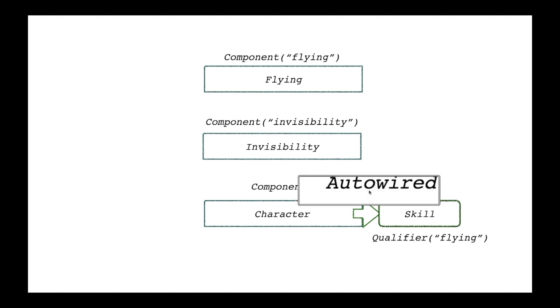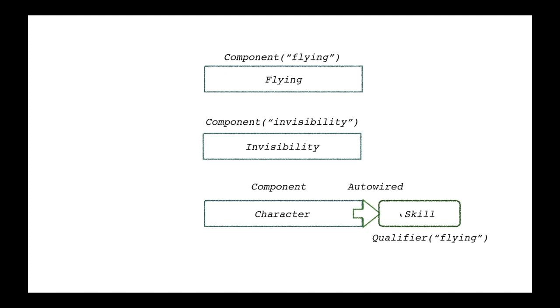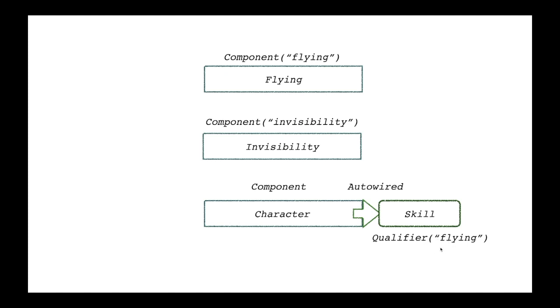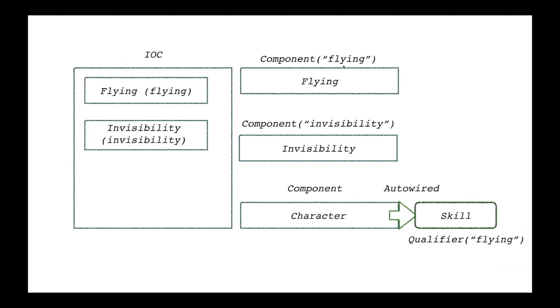And here, while we are providing the Autowired annotation saying our class depends on Skill, we provide something called Qualifier, and using Qualifier, Spring will understand which Skill it needs, whether Flying or Invisibility. In this case, it is flying. Spring will create the objects and assign an ID to each: flying for Flying, and invisibility for Invisibility.